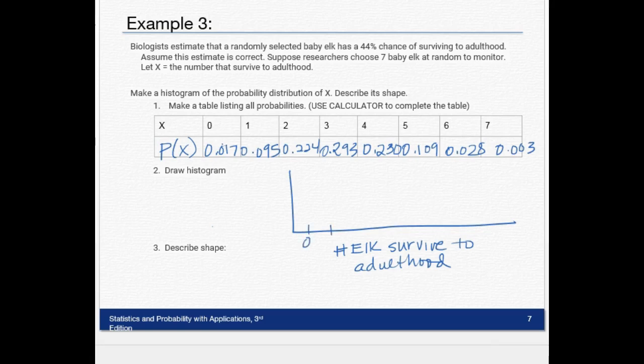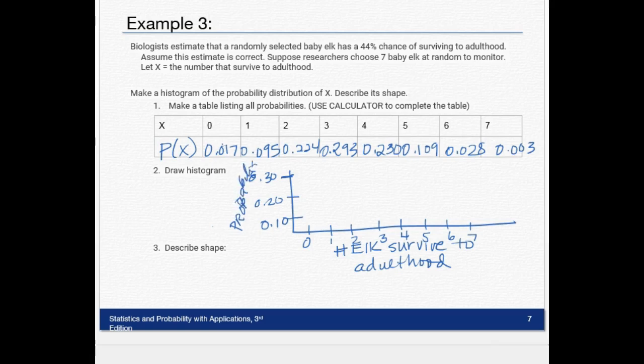So I go 0, 1, and I look at my probabilities. My highest probability is 0.293. That's as high as it goes, so I probably don't need to go any higher than 0.3. Scale it accordingly, and these are my probabilities. You can make that neater.